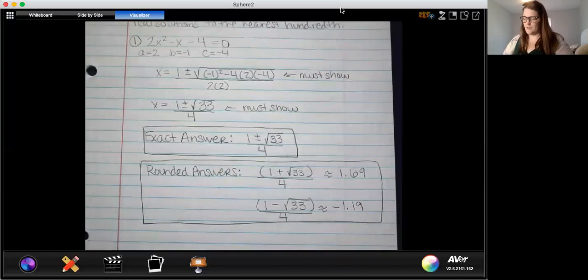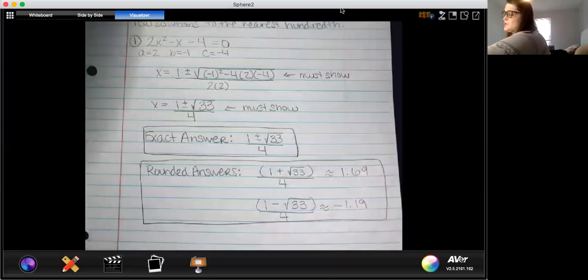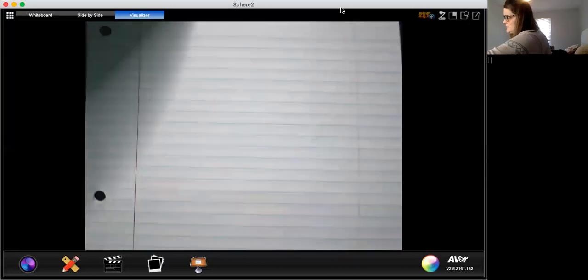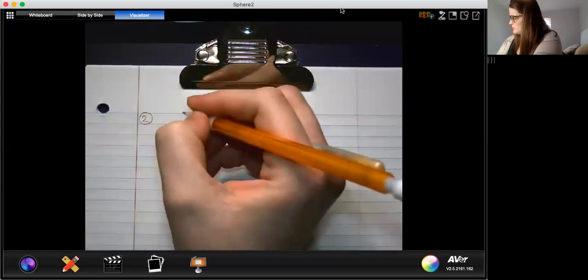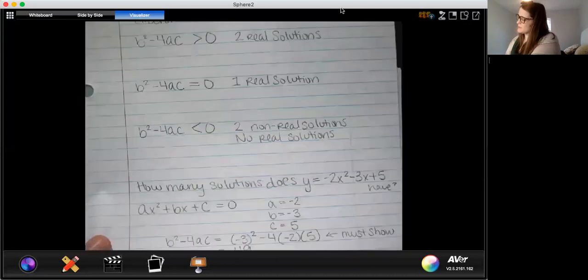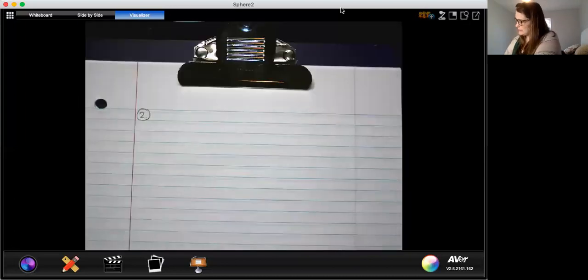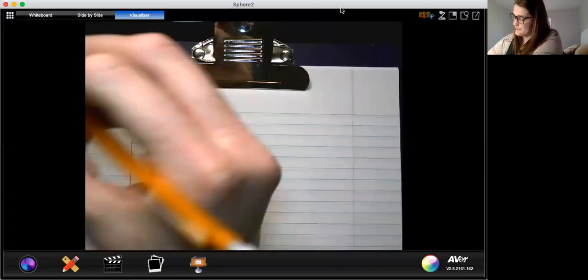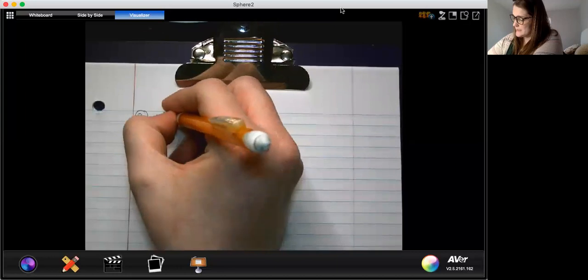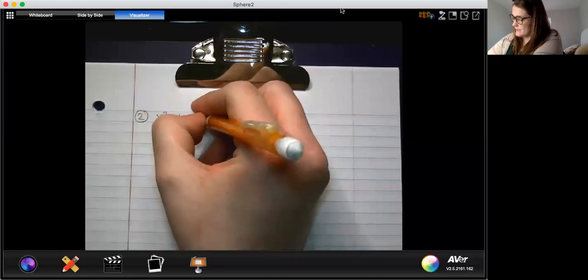Okay, let's go ahead and we have number 2 and number 3. Number 2, oh, I guess I didn't number this problem. I was like, hey, this is our third example. My bad, sorry. Okay, number 2 on the quadratic formula: x squared plus 6x equals negative 9.